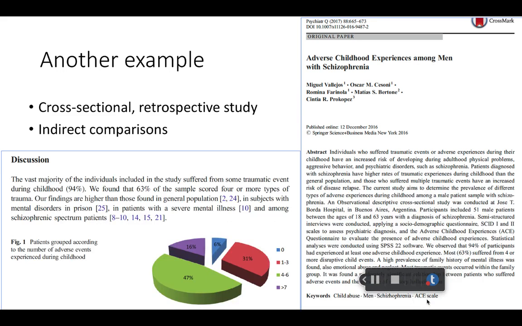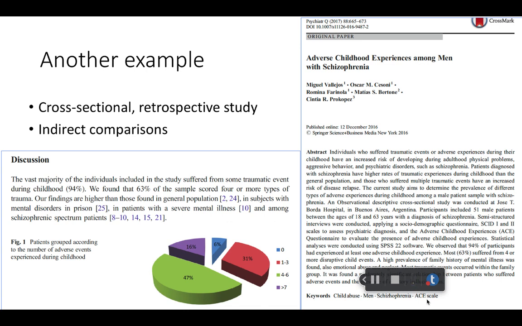Here's another example, a cross-sectional retrospective study with indirect comparisons. This study was conducted in Buenos Aires in Argentina. It involved a hospital sample, an inpatient sample of men diagnosed with schizophrenia.